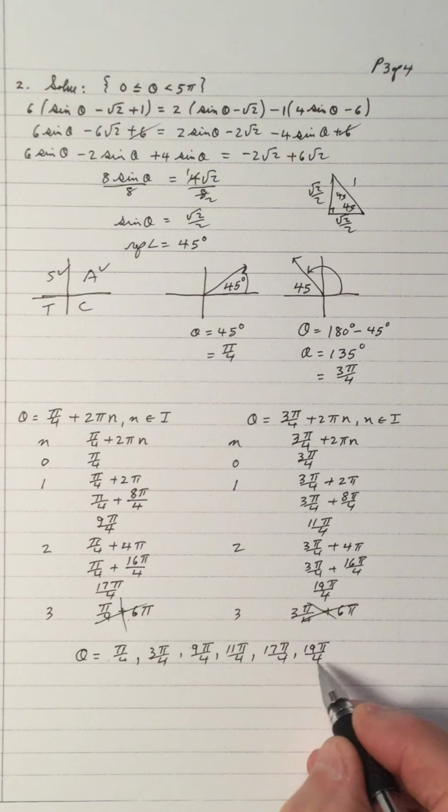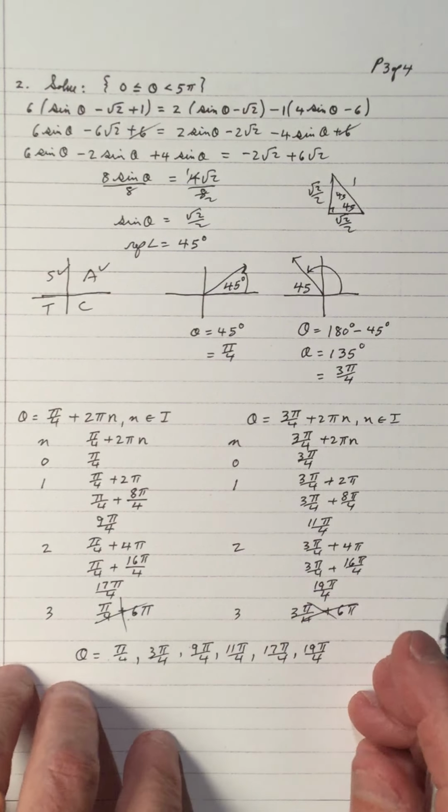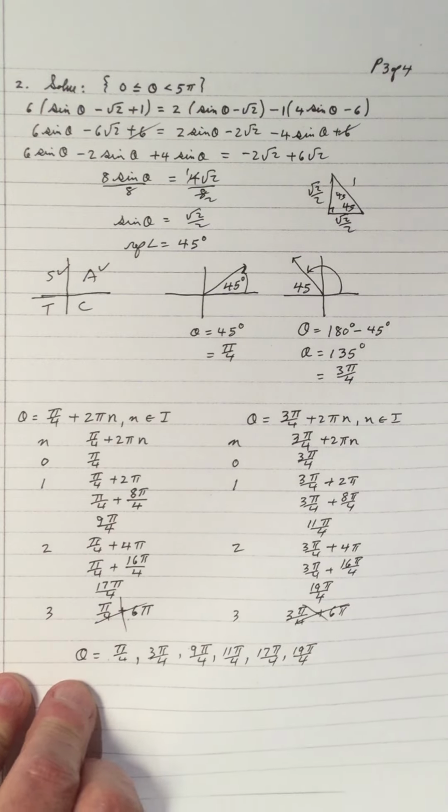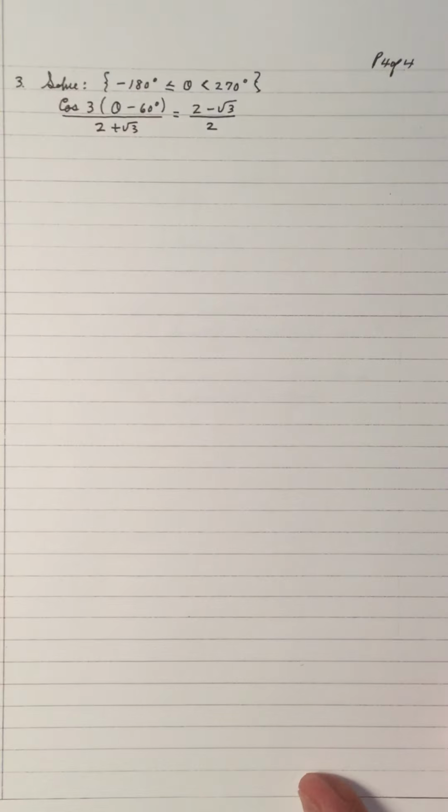So we found them all in terms of radians. Again, notice I varied the question: instead of degrees, we use radians. And remember that pi is equivalent to 180 degrees.